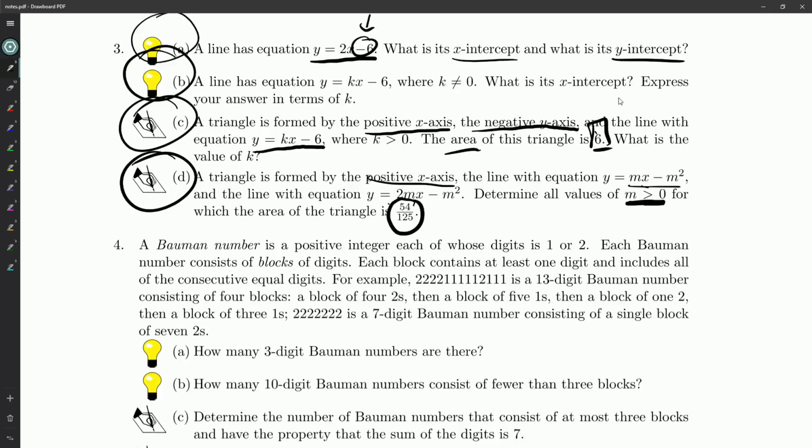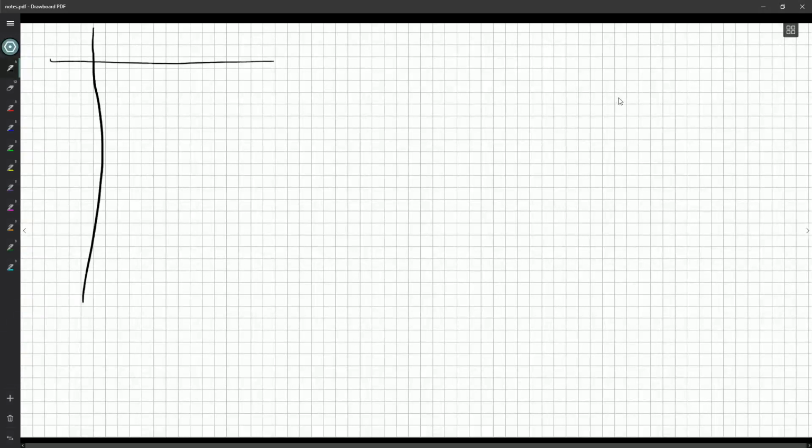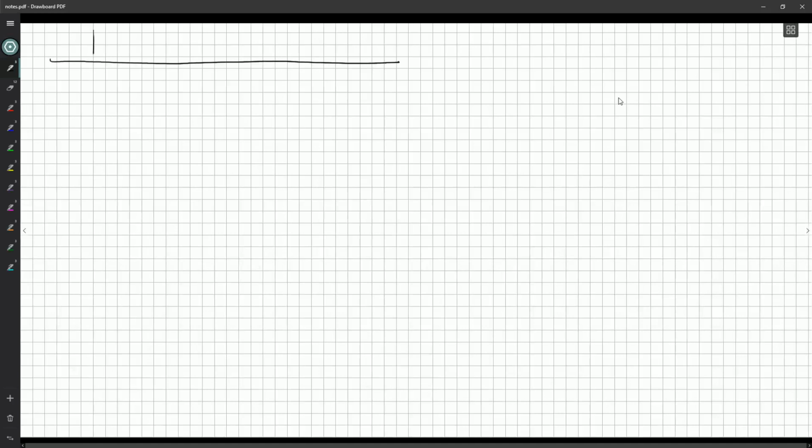Well, I'd say same thing as C, draw a picture. So, I'll draw a slightly better y-axis. So we're using the positive x-axis. Now they both have the same y-intercept of (0, -m squared).